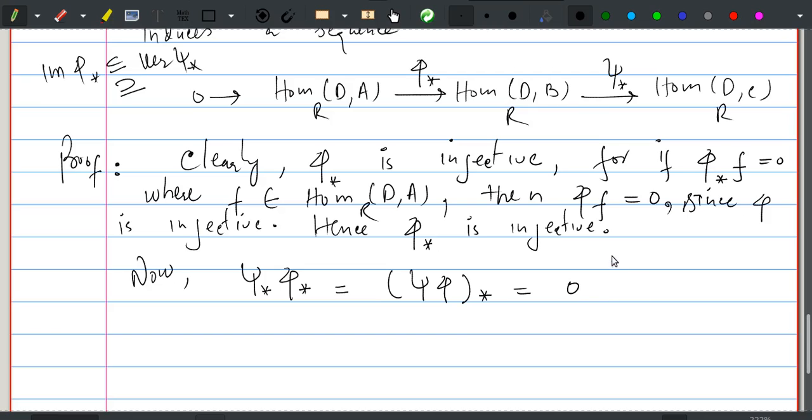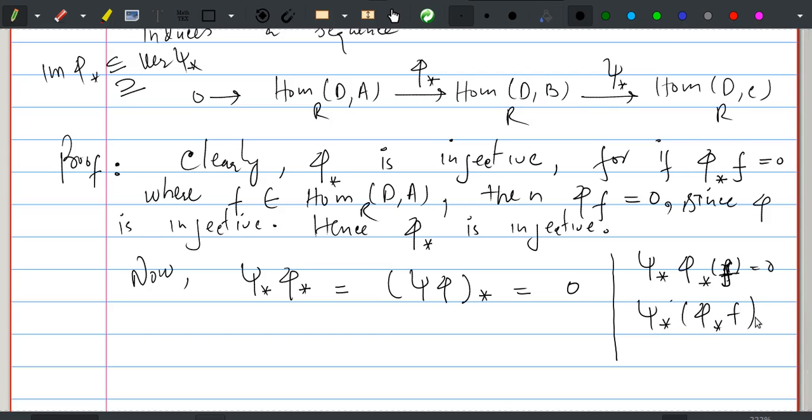Now if this is 0, this means psi star phi star of f is 0, for f arbitrary. Now psi star phi star of f is in image of phi star, so psi star when operated on image of phi star is 0.